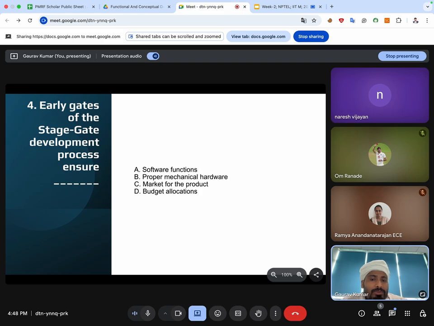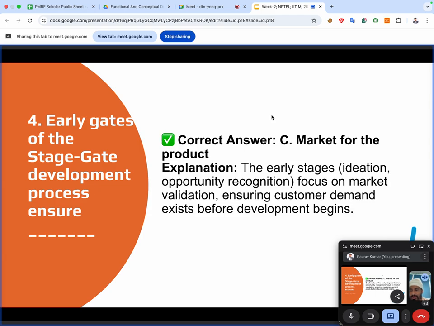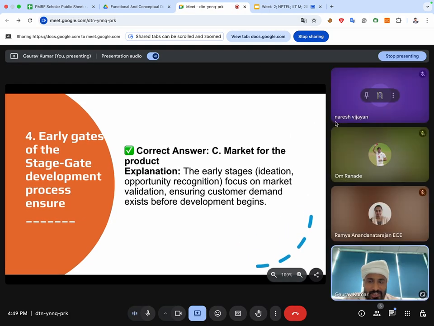Instead the goal is to validate the market potential, to see if the idea actually solves a problem customers care about. So a strong market need helps justify the investment in development. So C is the right answer. So you may go through this explanation part, and if it is clear, then we will move to the next question. Please go through this.